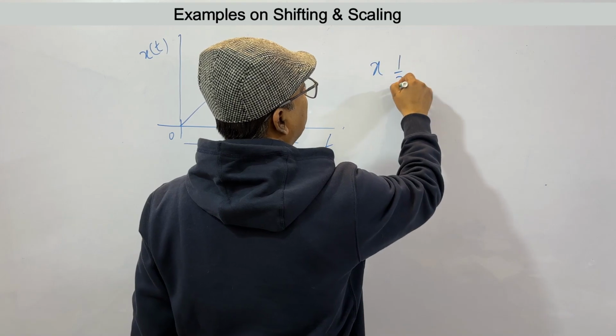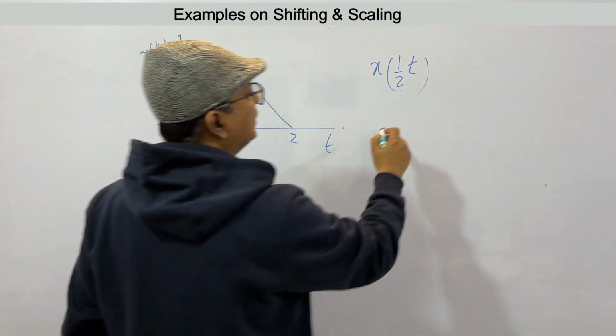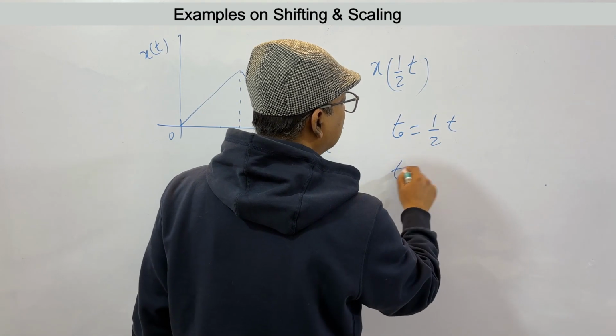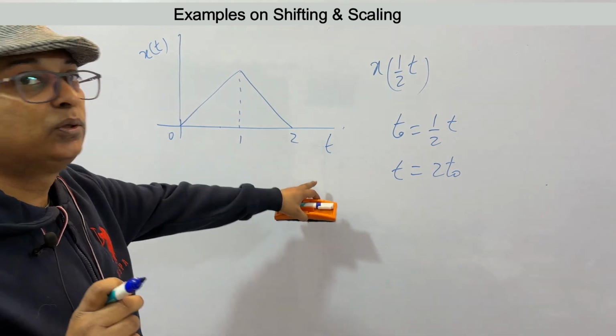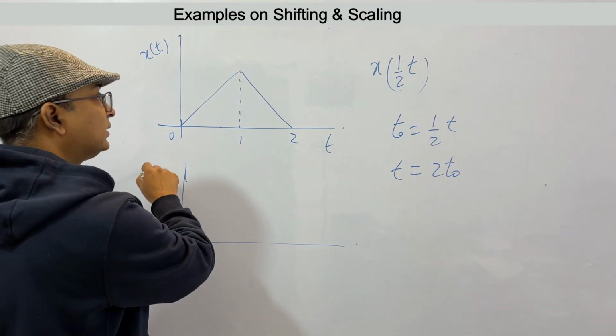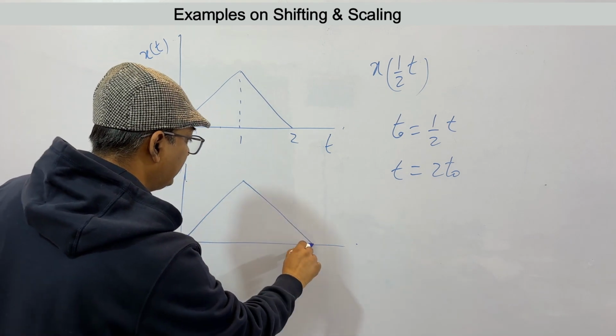So let's say we have to find x half t. We know this is our t. Then what we'll do? t0 is equal to half of t. This means t is equal to 2t0. So initially it was 1, now it will be 2. So our new wave will be, the shape of the wave will be x half of t. The shape will be same.